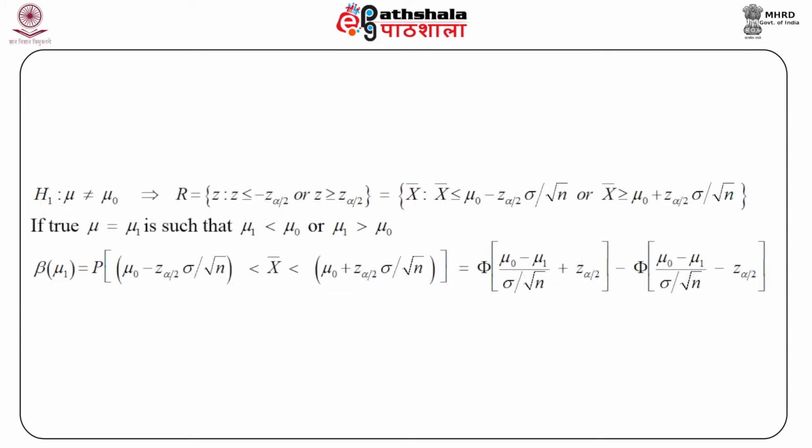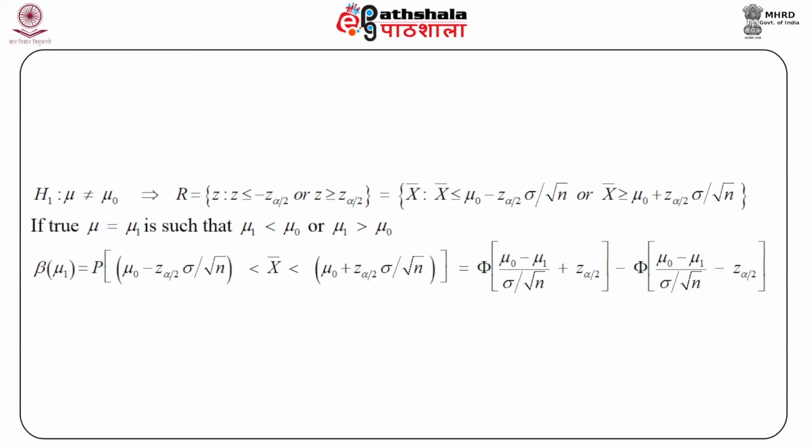And in our third alternative where H1 is mu not equal to mu 0, we find that beta mu 1 comes out to be ultimately equal to phi of mu 0 minus mu 1 upon sigma by root n plus Z alpha by 2 minus phi of mu 0 minus mu 1 upon sigma by root n minus Z alpha by 2.